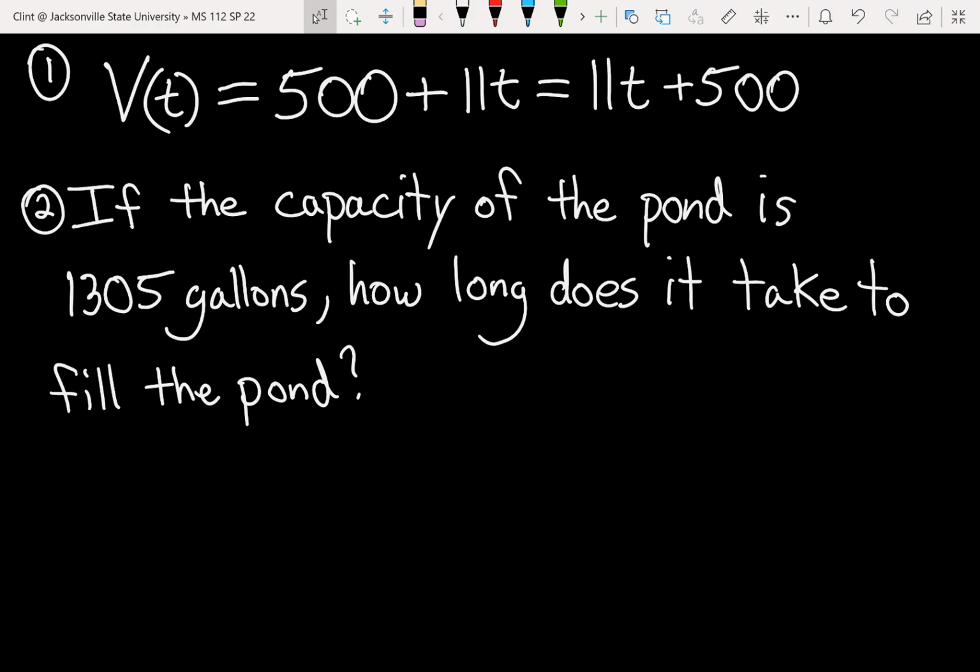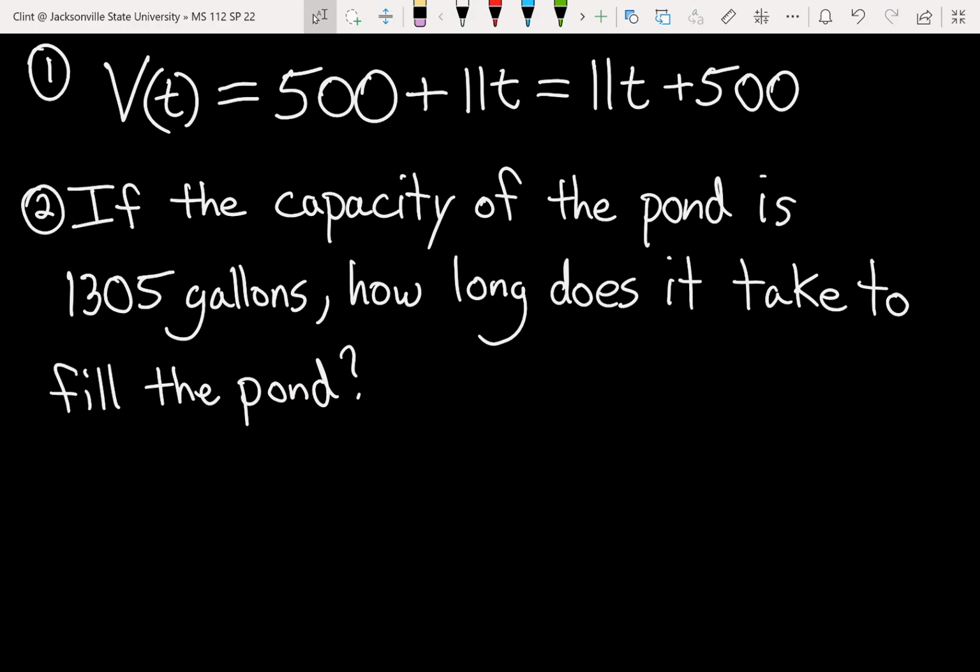The trickiest thing on this one, time, the thing we're looking for, that's going to be t. That's how many minutes. The trickiest thing on this one is realizing that v of t gives us how much water we have in the pond after a certain amount of time.